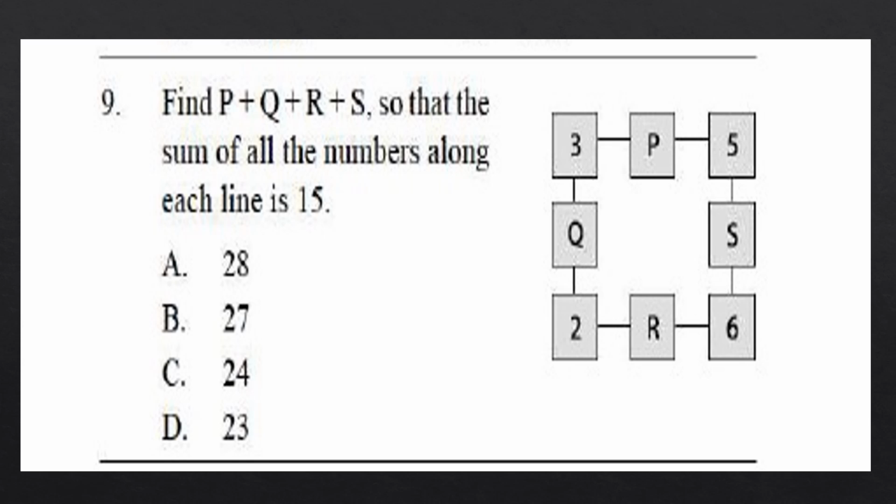Here 3 plus P plus 5 is 15, so P is 7. 3 plus Q plus 2 is 15, so Q is 10. 2 plus R plus 6 is 15, so R is 7 and S is 4. So if we add 10 plus 7 plus 4 plus 7, our answer is option A, 28.